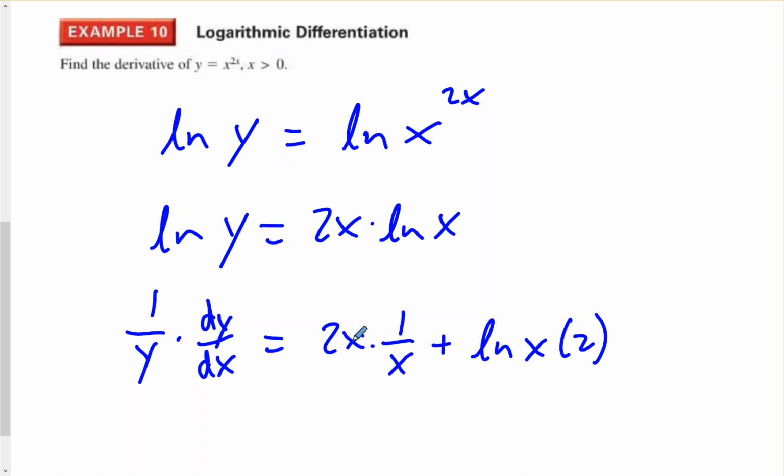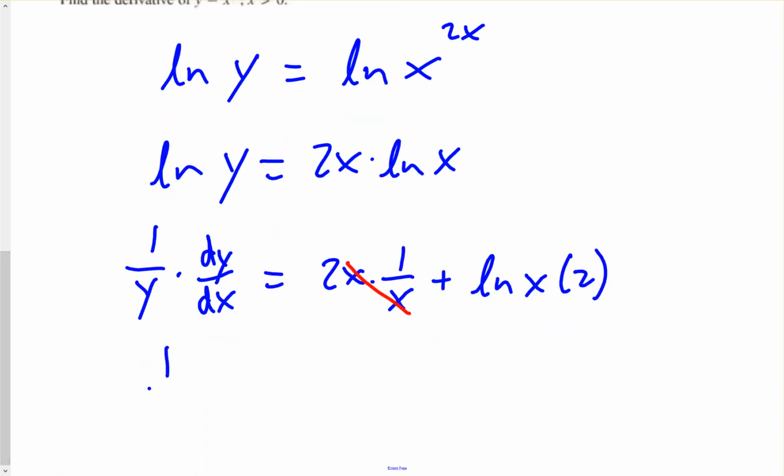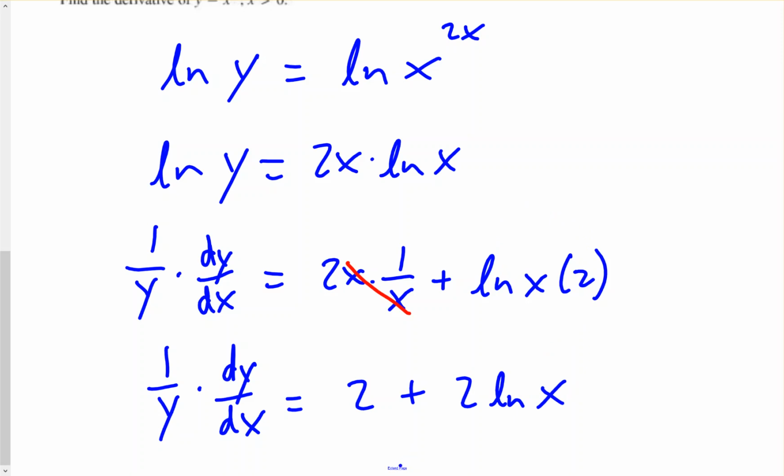Okay, so the x and the x in the denominator would cancel. So I have 1 over y times dy/dx equals 2 plus, and then bring the 2 in front, 2 ln x.